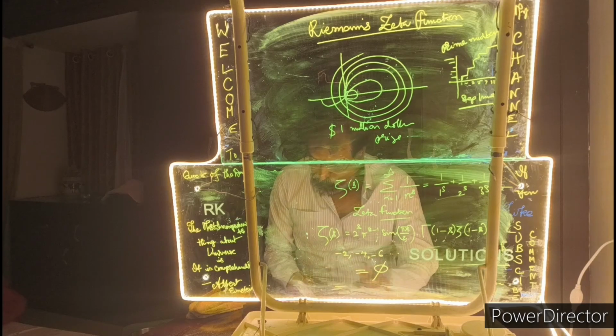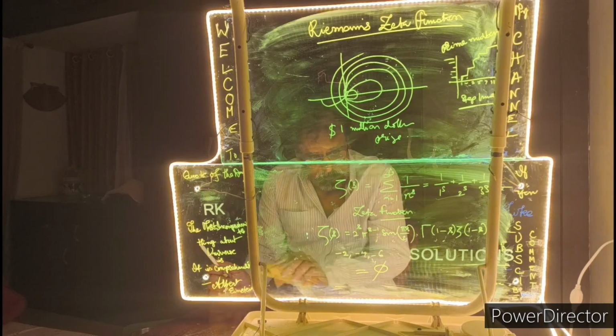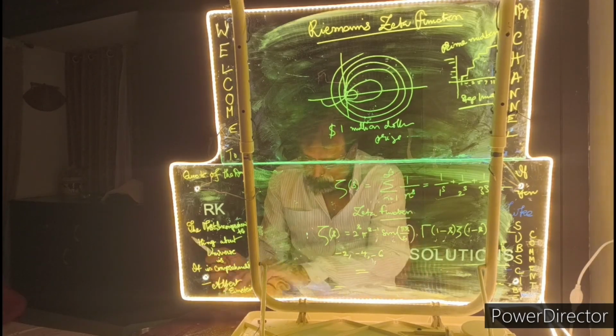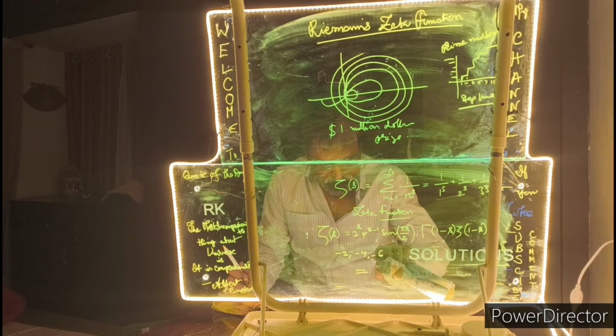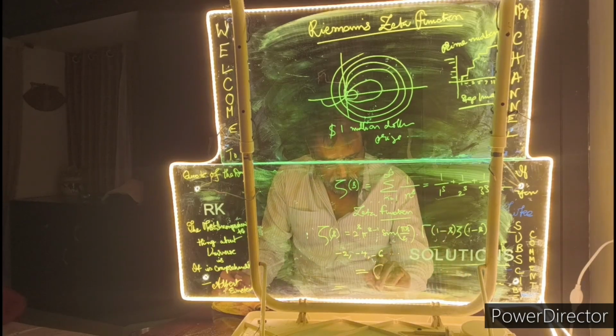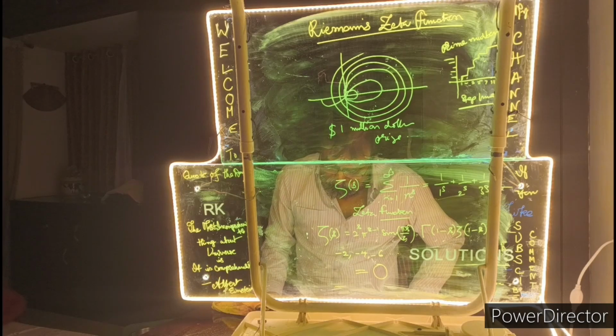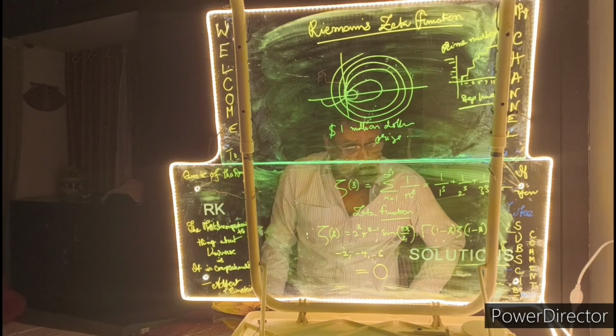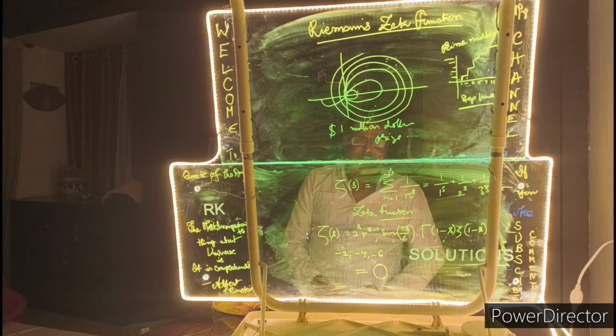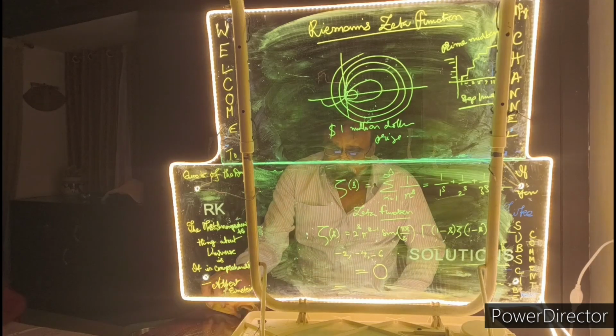It can be confused with phi or something, but it is a way of writing 0. So let us make it as 0. That is the problem of the zeta function, which is not yet solved.